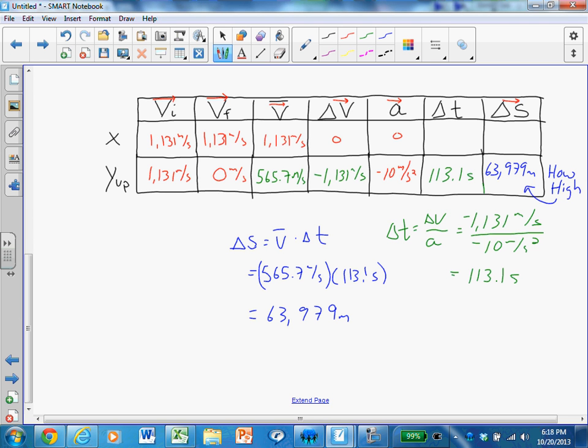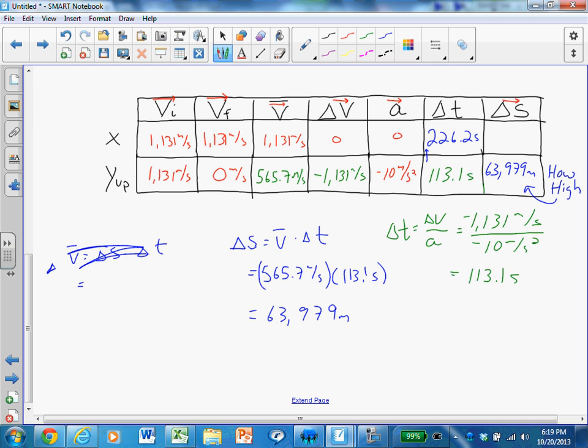Now, to get how far it went, I've got to think of the time for a minute. I could either use the same time and double the distance, or I think it makes sense to double the time, since that's really how far. And then we'll get 226.2 seconds. Now I can get how far from V bar times delta T. Oh, I'm sorry.